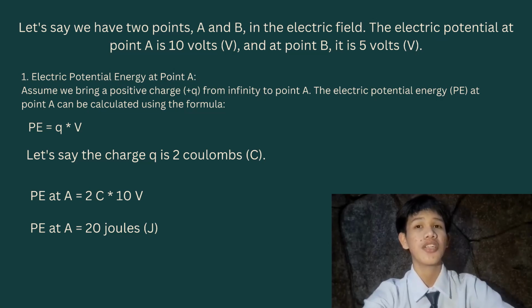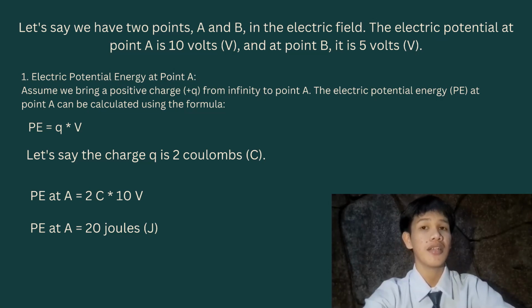So first, electric potential energy at point A. So assume that we bring a positive charge from infinity to point A. So the electric potential energy at point A can be calculated using the formula. Electric potential energy is equal to charge times voltage. So let's say the charge is 2 coulombs.